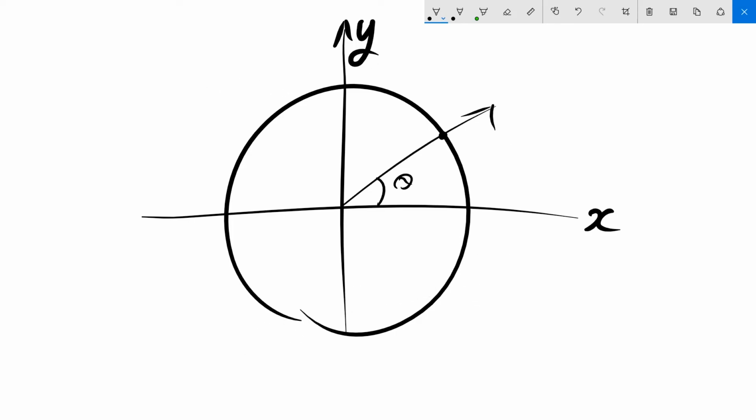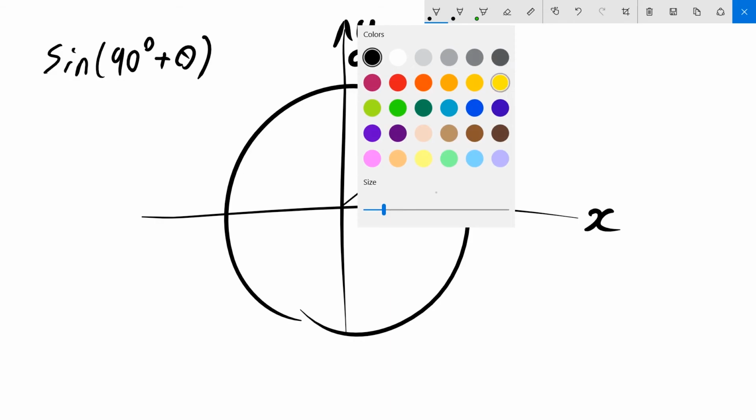And we're going to change theta again. And we're going to get the sine of 90 degrees plus theta. So what does that look like? Well, let's use our unit circle again.